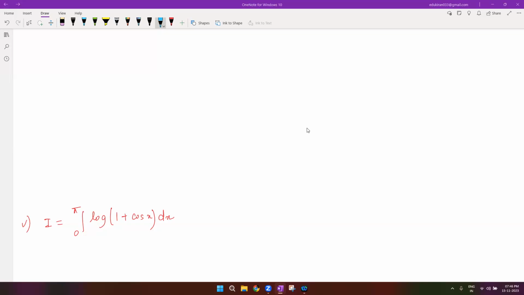Okay. So if you apply property fourth, it becomes log of 1 minus cos x after solving. Now, is it helping us? You guys have to think about it. So I would say first apply property fourth.